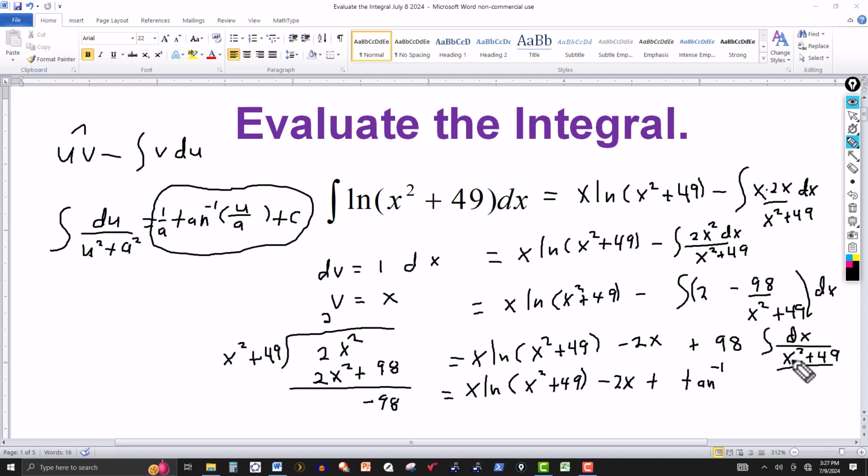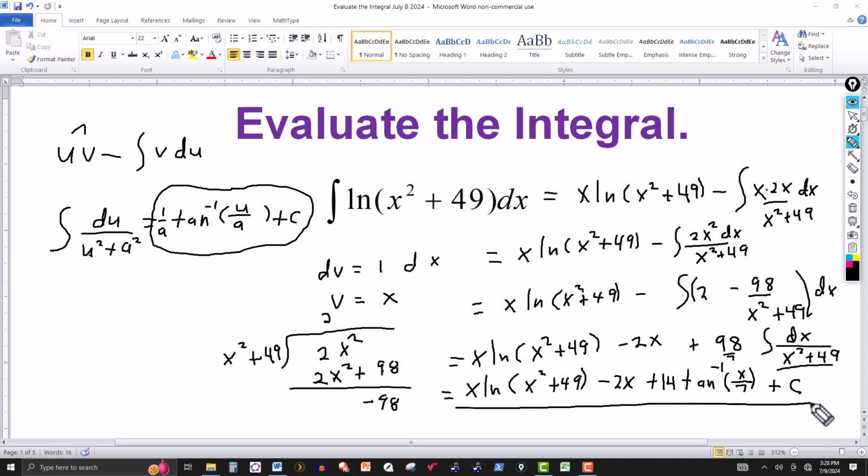Now in our case, u is x, so it's going to be x. And a squared here is 49, so a would be 7. So this would be tangent inverse u over a is 7, and I got the constant of integration. And then whatever coefficient you have here is divided by a. So this would be divided by 7, which would give us 14.